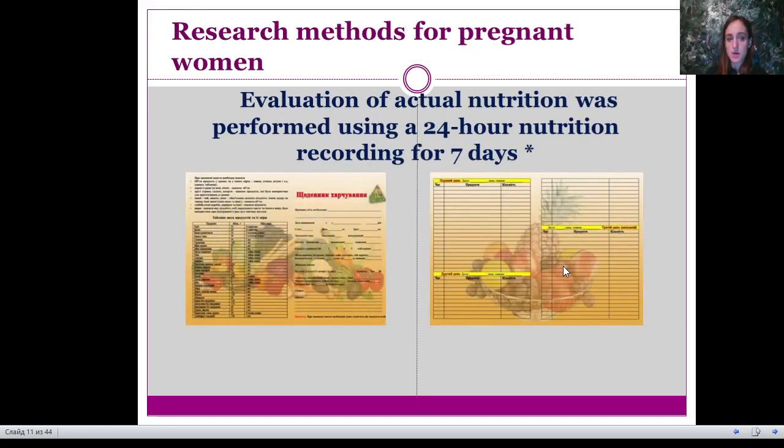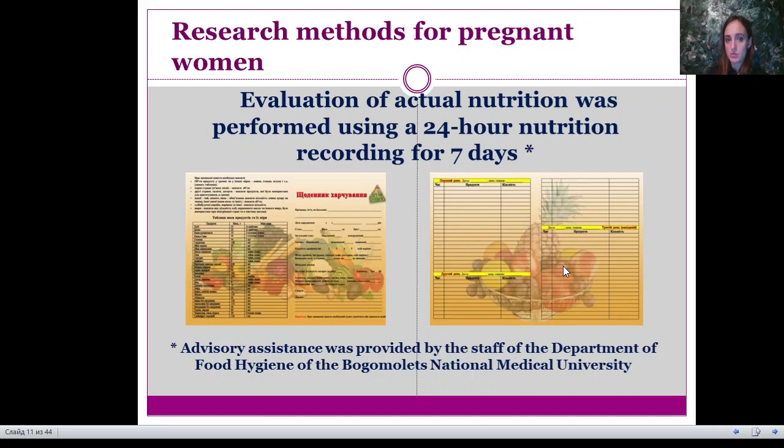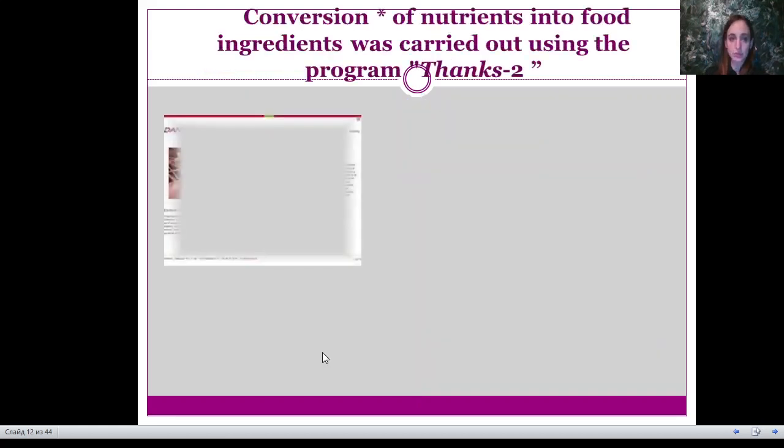And of course, we will speak about the methods for pregnant women, and it is first of all evaluation of actual nutrition, where a pregnant woman uses 24 hours nutrition recording for 7 days. And of course, you can see such a special card, where our pregnant woman can write her nutrition during 24 hours.